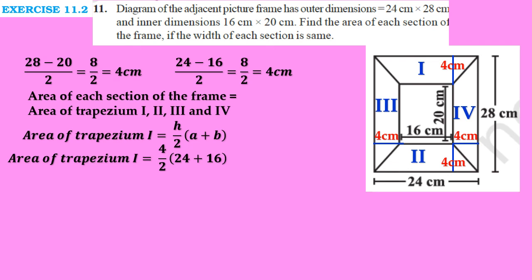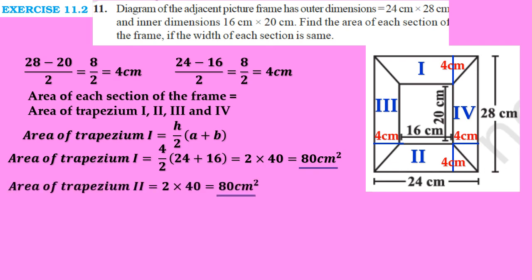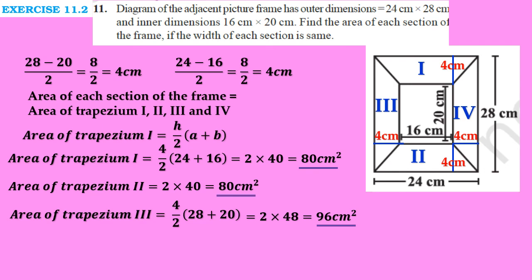Height we know, the parallel sides will be the inner and outer length. So 8 centimeter square. The same will be the area of trapezium 2. Now trapezium 3, substitute the values. And the same will be the area of trapezium 4 also. So we got the area of each section of the frame.